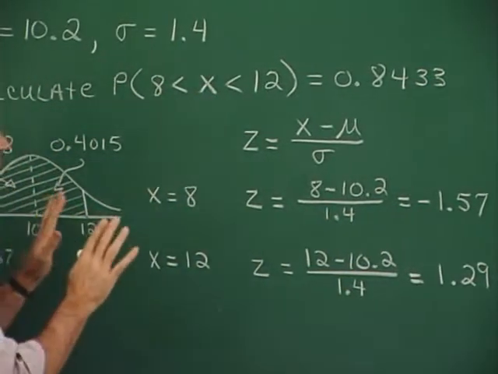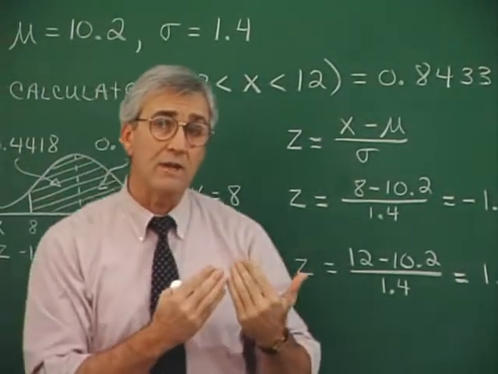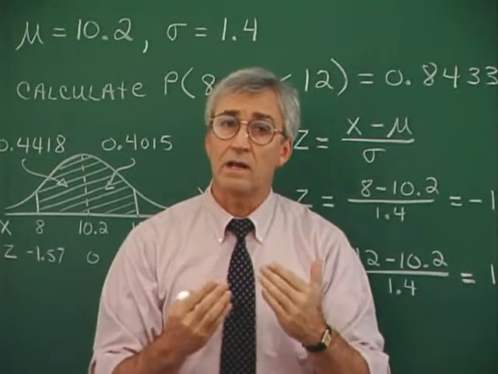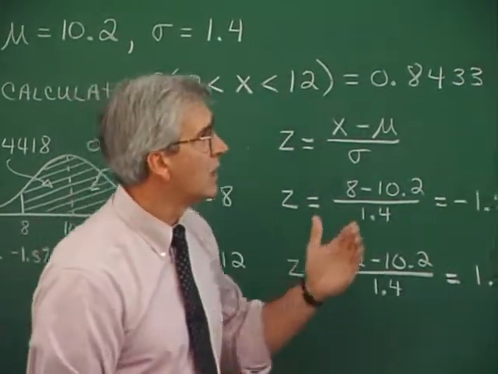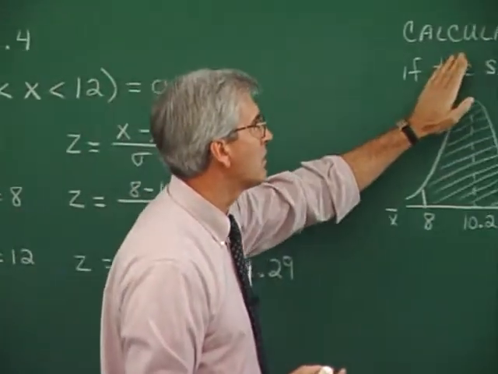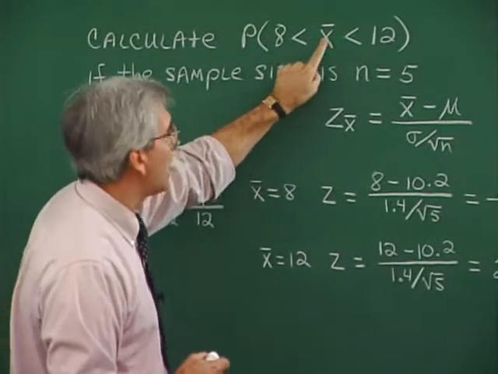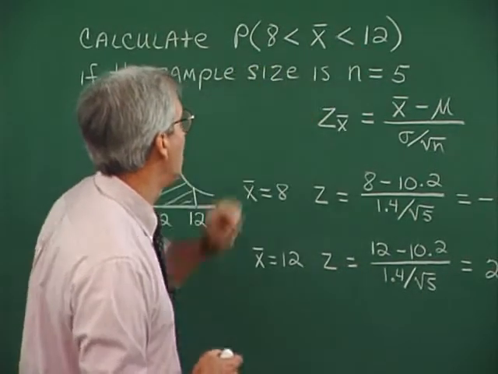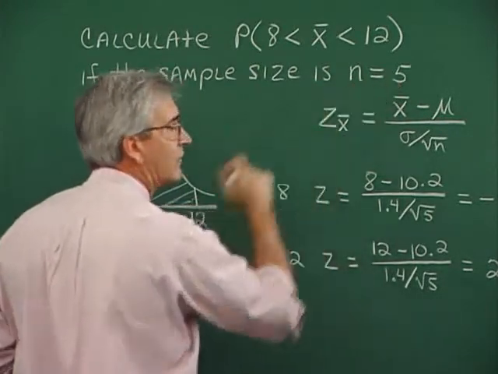All right, so now we're using this problem as a reference. I want to compare this to another problem having to do with the same population, but we're going to talk about an x-bar distribution, a distribution of sample means. Now suppose we want to calculate the probability that x-bar lies between 8 and 12 if we're talking about a sample size of n equals 5.